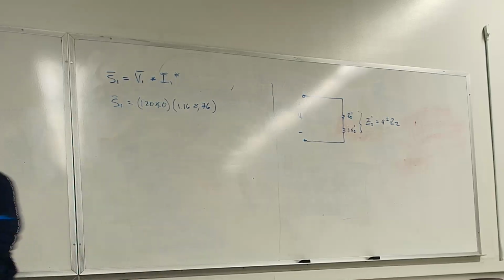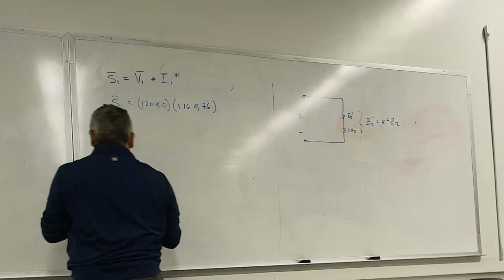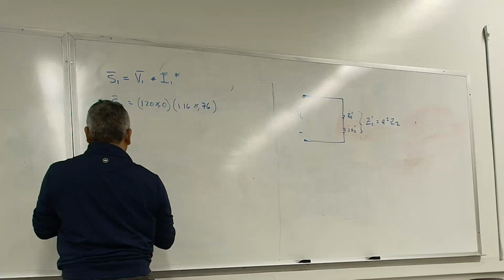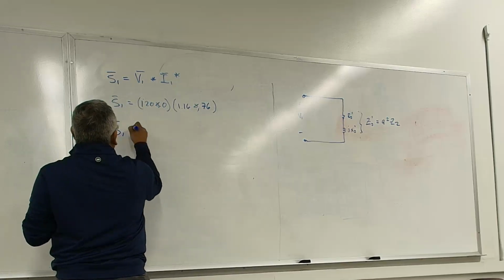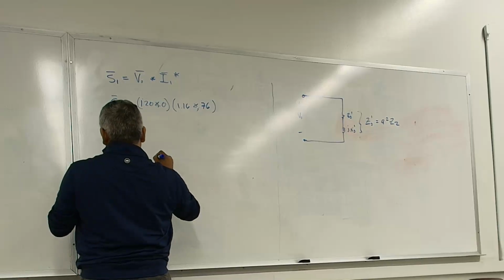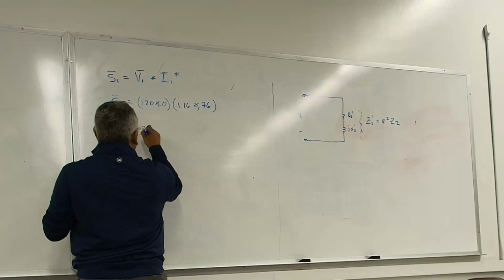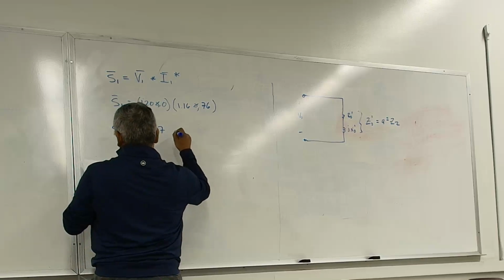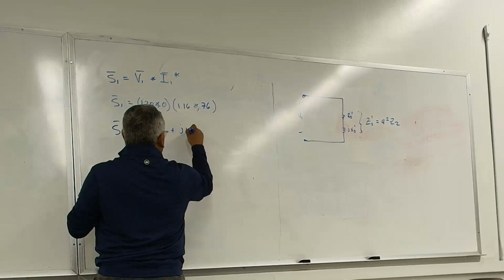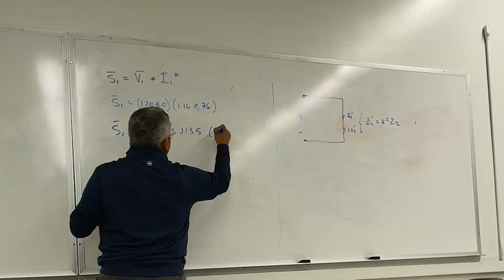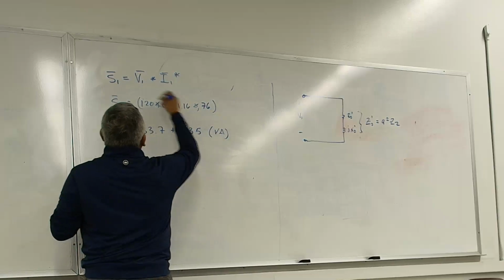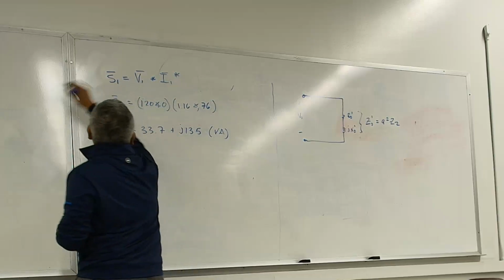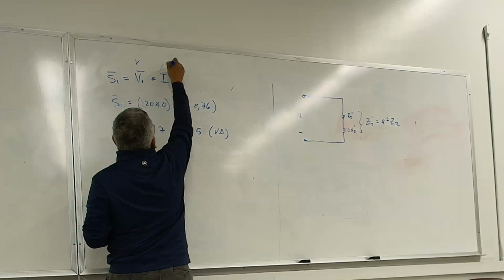All right. So if you plug that into your calculator, basically what you get is S1 equals 33.7 plus J135. And this is in volt amperes.